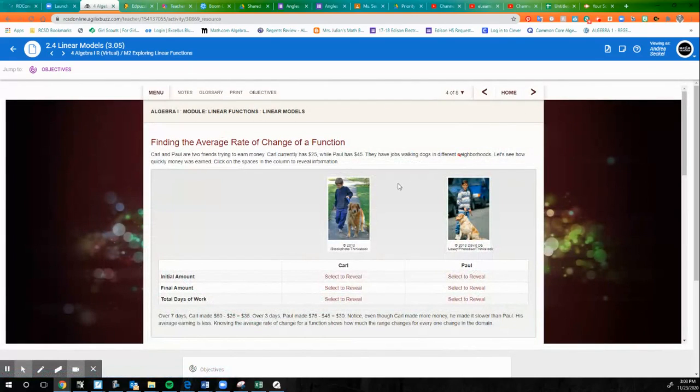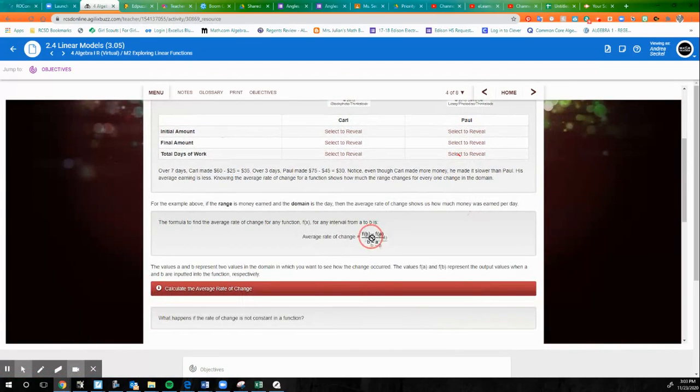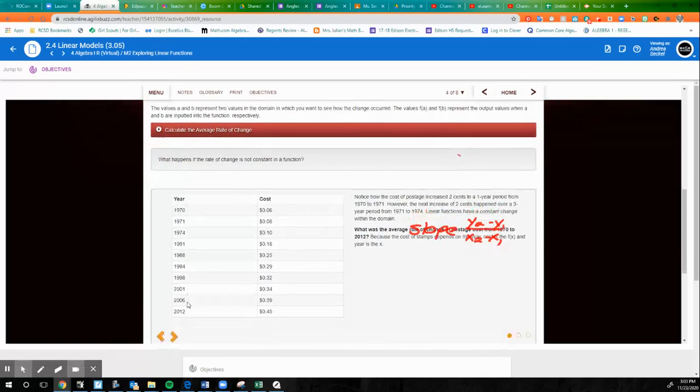All right, finding average rate of change. So the formula you want to focus on is this formula right here, okay? f(b) minus f(a) over b minus a. If you're trying to figure out what that is, it is just like the slope formula, y2 minus y1 over x2 minus x1. The only thing is that with the rate of change, you kind of have a specific y1 and a y2 you want to do.